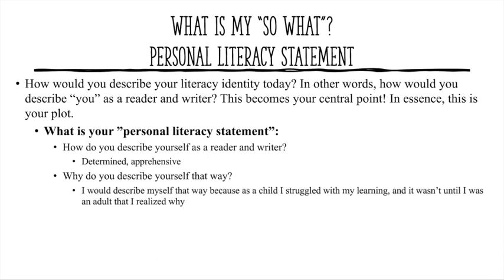And so I started to develop my because statement. I would describe myself that way because as a child I struggled with my learning, and it wasn't until I was an adult that I realized why. Now that's really general. However, it does help me begin to flush out.